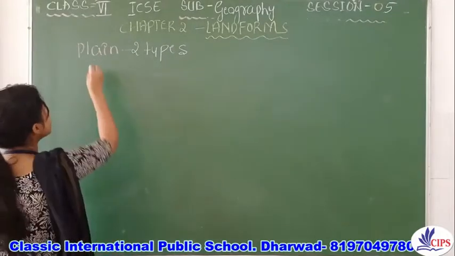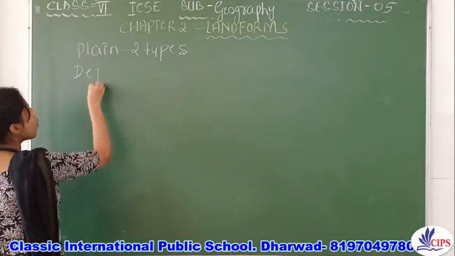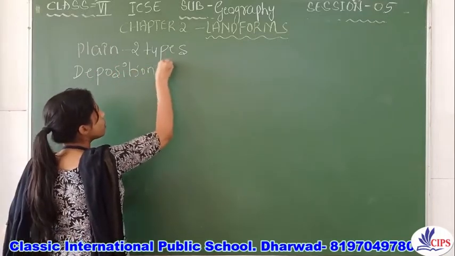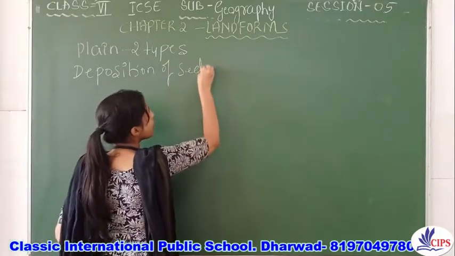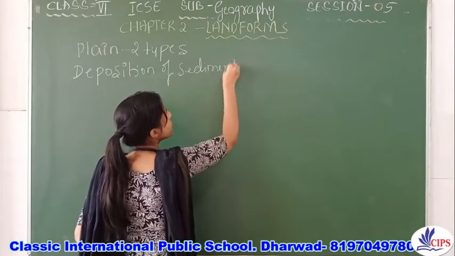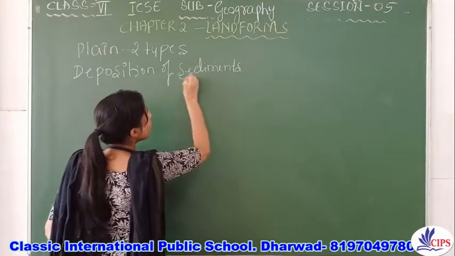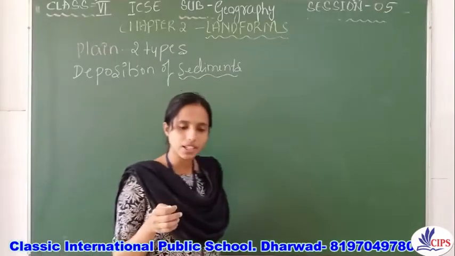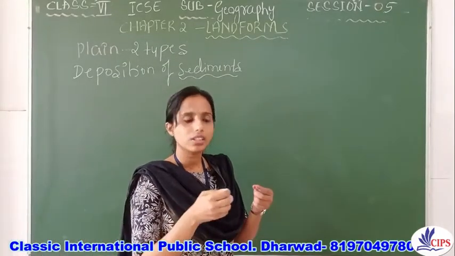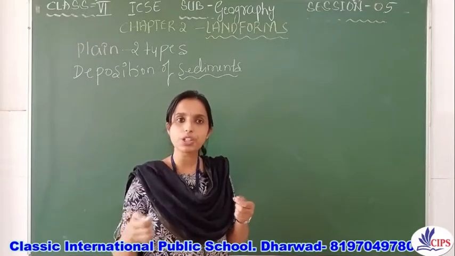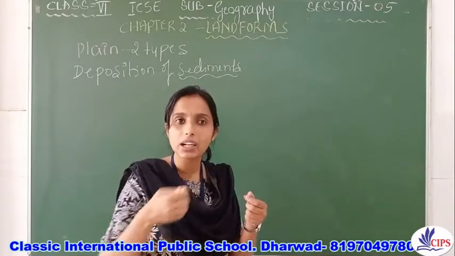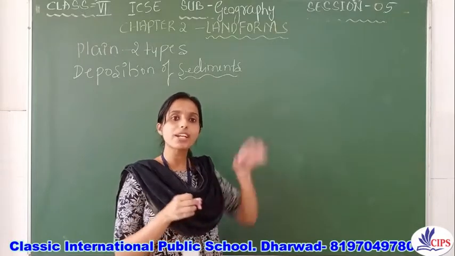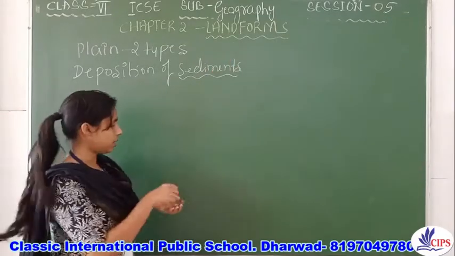First thing, the depositional plains are formed because of the deposition of the sediments. What do we mean by sediments? Sediments are all the things which the river brings along with itself.